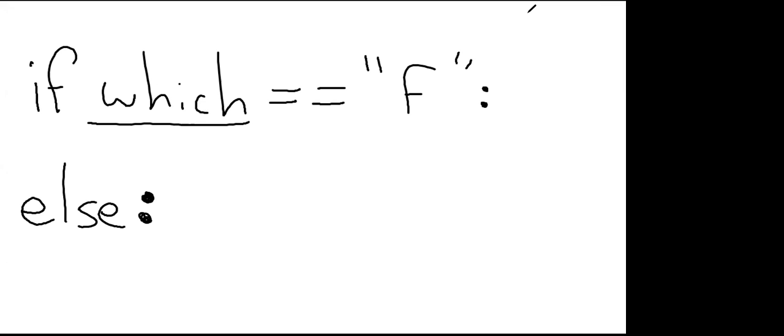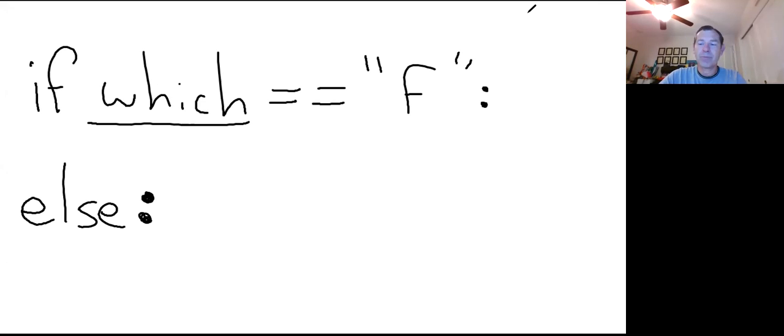F or C? Exactly. So if it's not F, what is it? C. Exactly. And that's exactly what I'm doing here. By doing 1 condition, the program will automatically know which one it is.